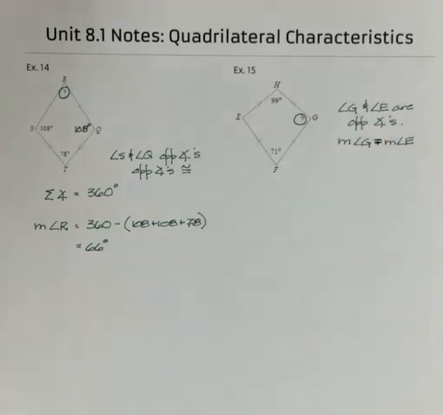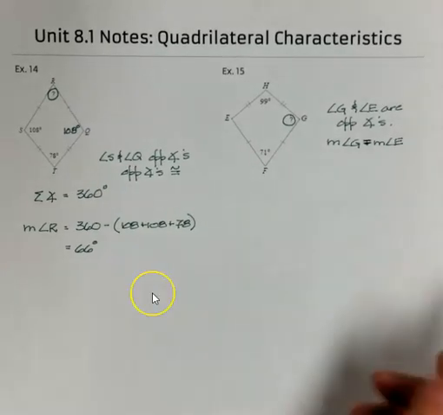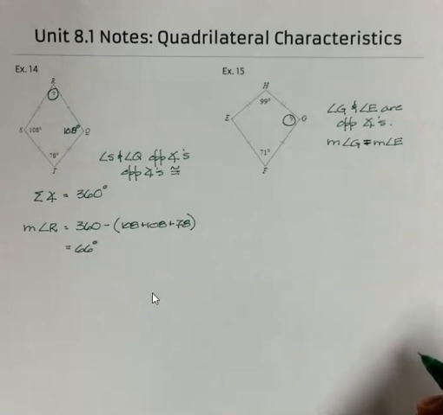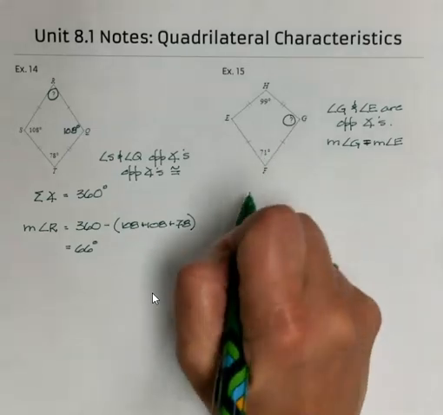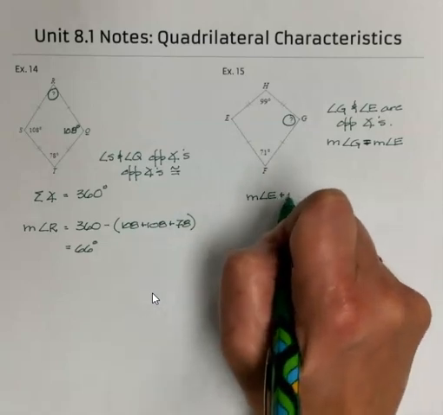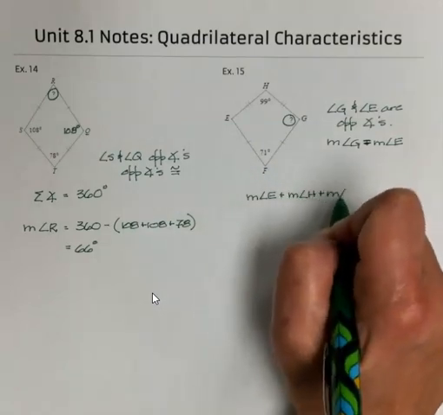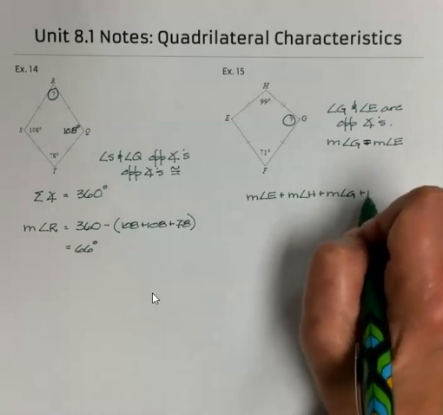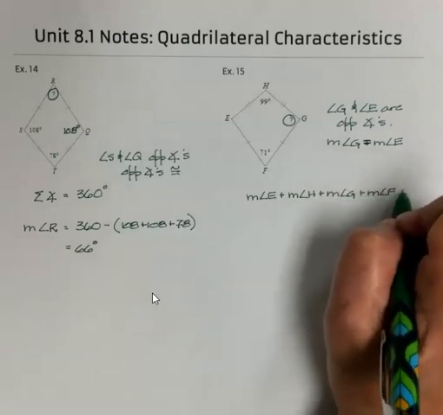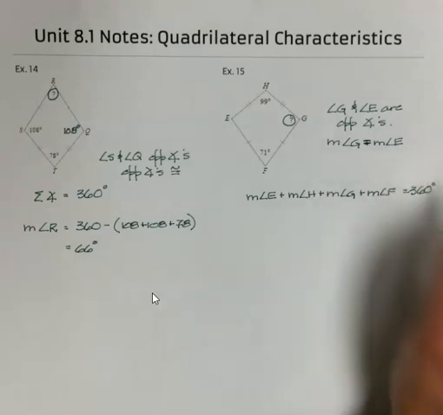Okay? So I'm going to go back to something we did early in the school year, and it's part plus part equals whole, only this time we have 4 parts. We have the measure of angle E plus the measure of angle H plus the measure of angle G and the measure of angle F. Because it is a kite, it adds up to 360.